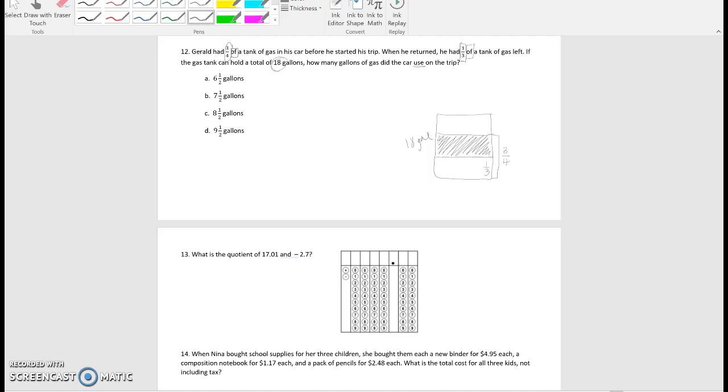And it can hold 18 gallons. So there's a couple of different ways to solve this problem, but we have multiple keywords. So he used some, so we know we're going to end up subtracting at some point. And I see of a couple of times, so you may have to multiply once or so.